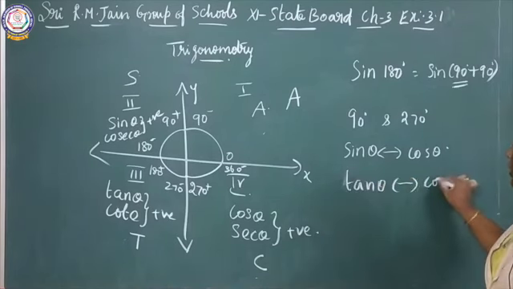The value is 328, it lies between 270 and 360. So it lies in the fourth quadrant.